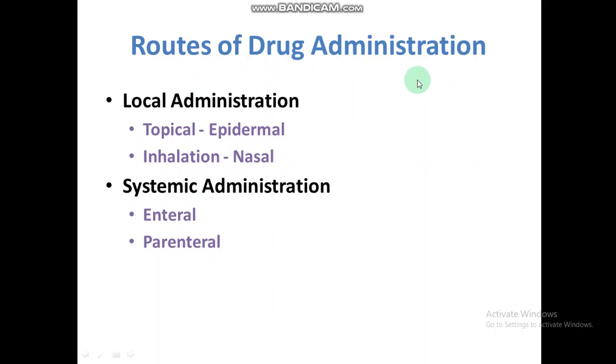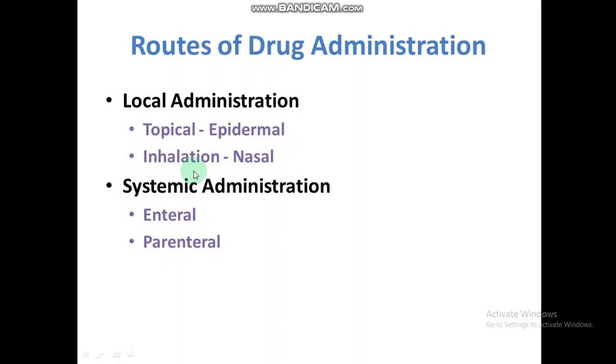Routes of drug administration. First we will discuss the routes through which the drug can be administered depending on its property. The administration may be local administration or systemic administration. In local administration, we have the topical type, in which the medicine is applied through the epidermis or skin.